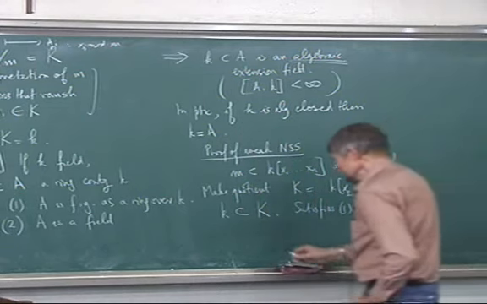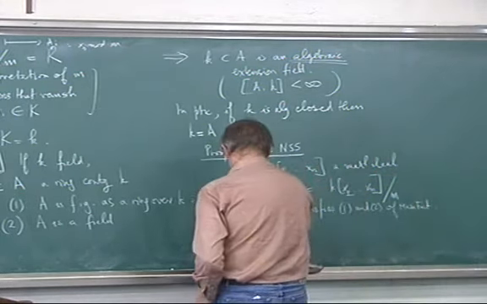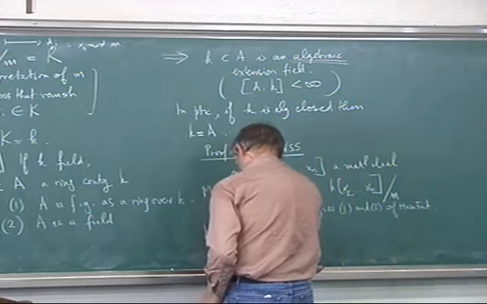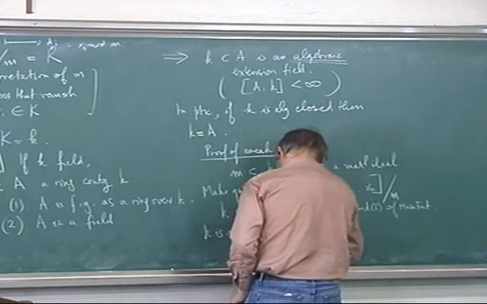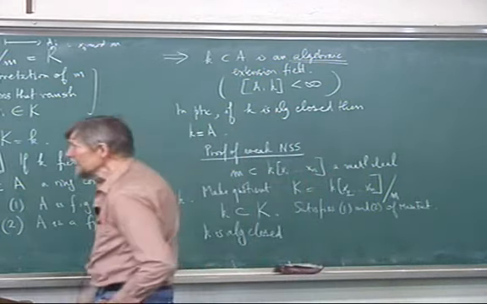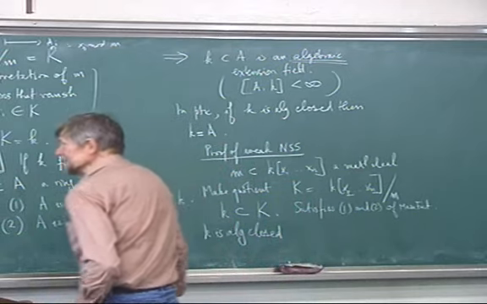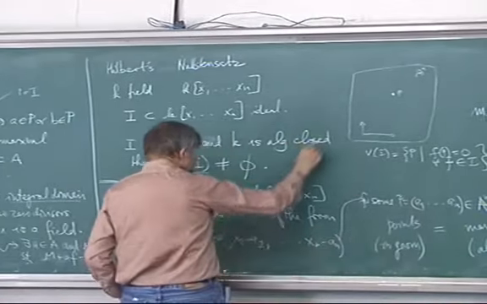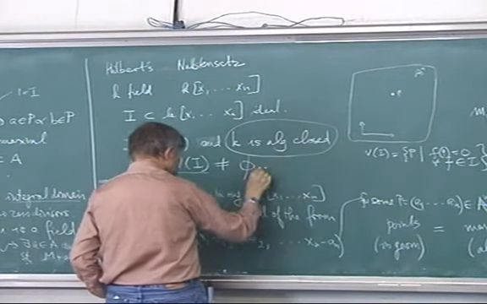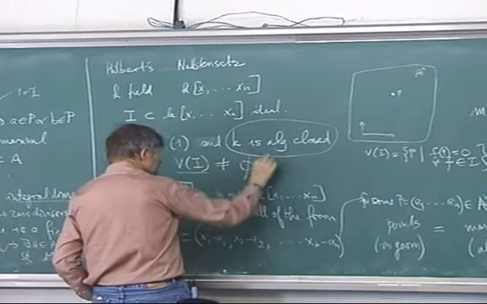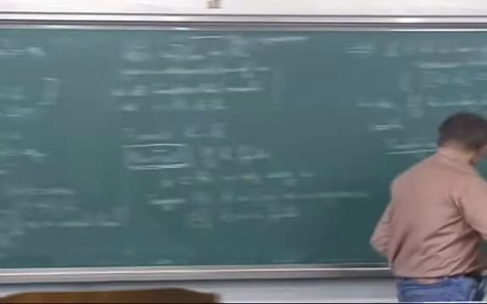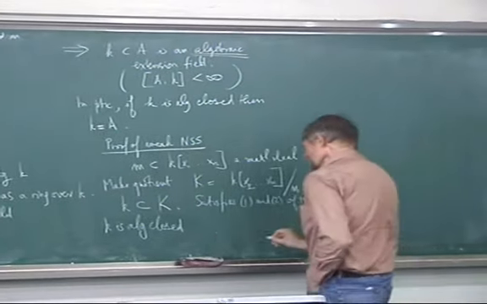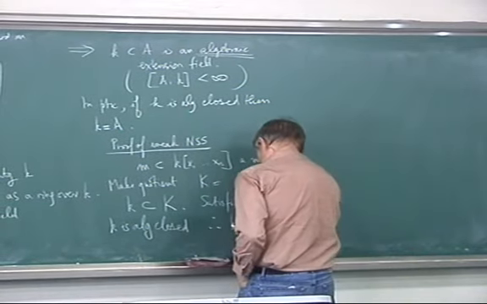Right, and therefore k is algebraically closed. So that's just by the assumption. So k is algebraically closed. That's also an assumption here. k is algebraically closed, therefore big K equals k.